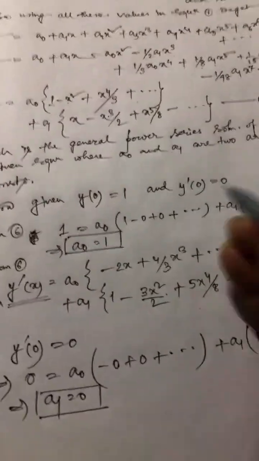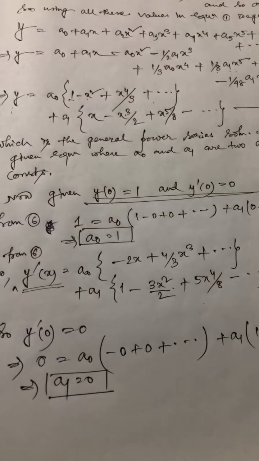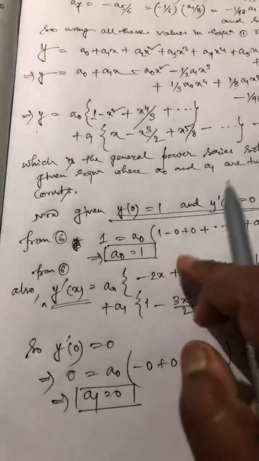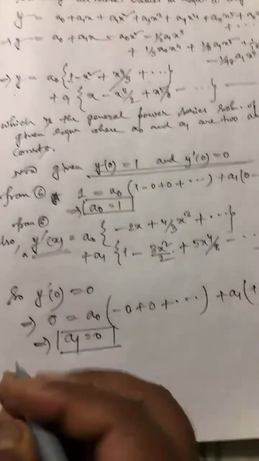And that means if you have used these two conditions, the ultimate conclusion is what? y0 equal to 1 and y dash 0 equal to 0 will imply a naught is equal to 1, but a1 should be equal to 0.